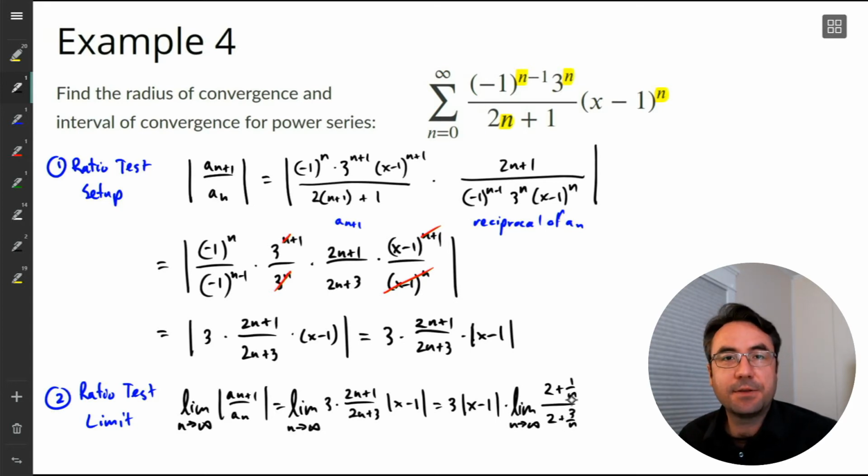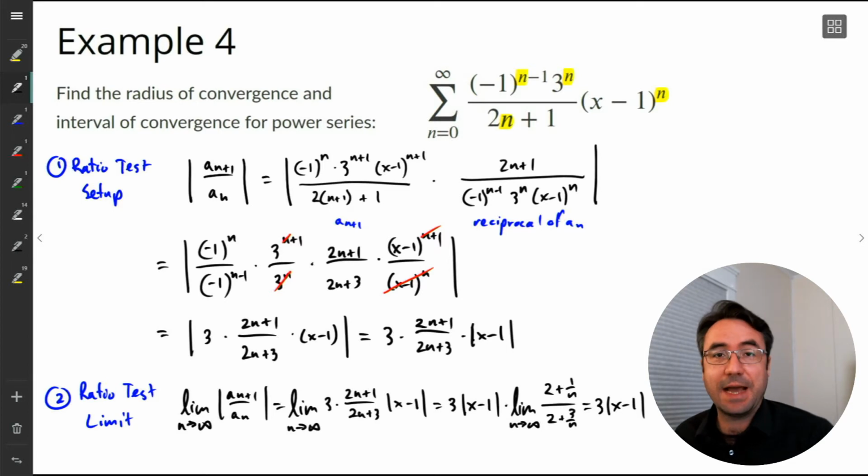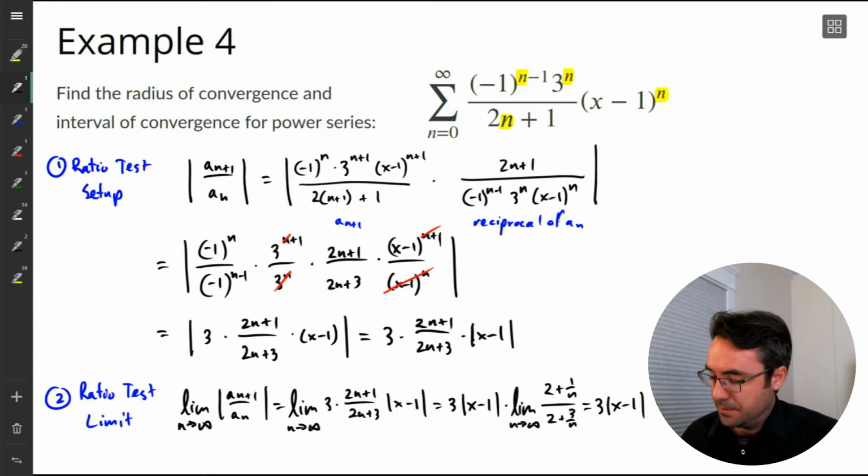And when we calculate this, 1 over n goes to 0, 3 over n goes to 0, so we end up with just 2 over 2, which is 1. So our limit here is 3 times the absolute value of x minus 1. All right. So that's our limit. Let's keep that in mind.